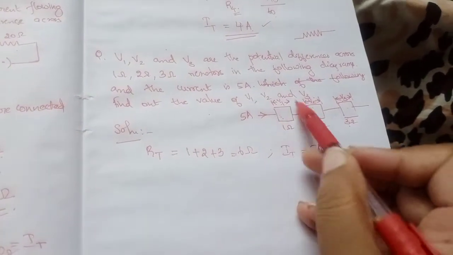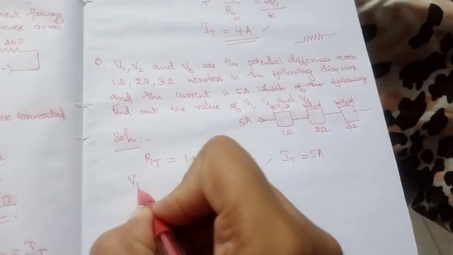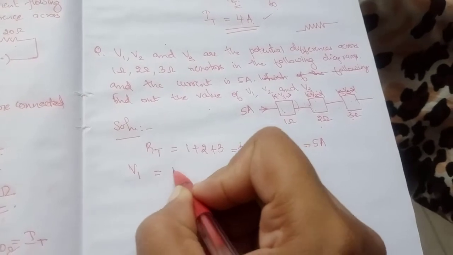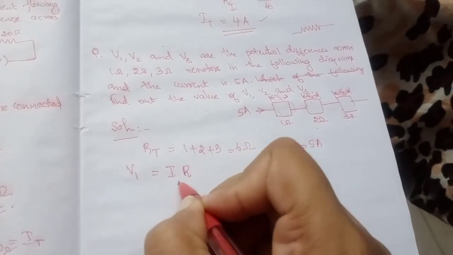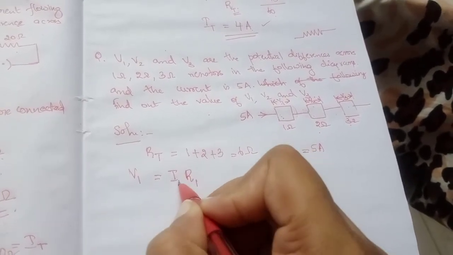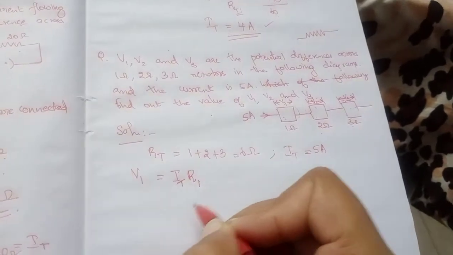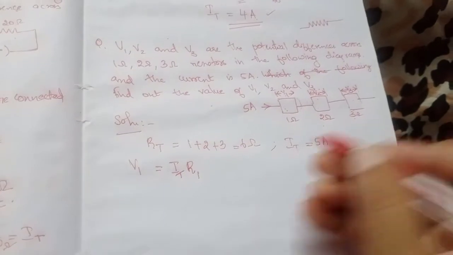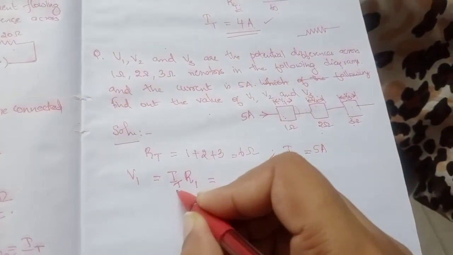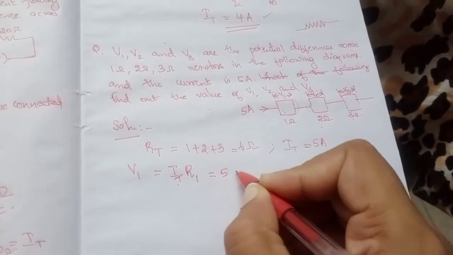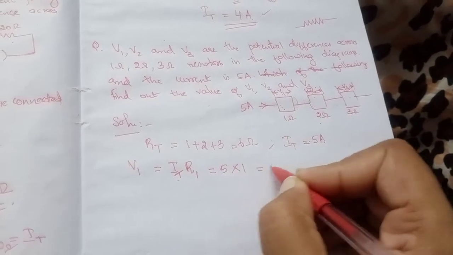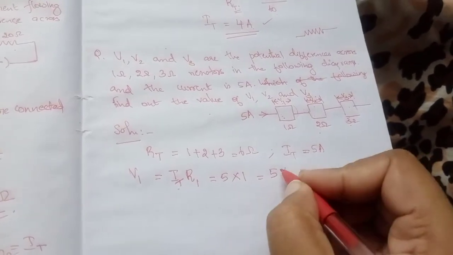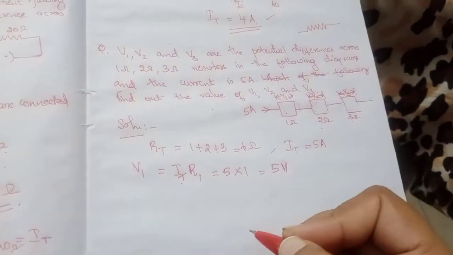So first we need to find out V1. So can we write V1 is equal to, V is equal to I into R, right? So can we write I1 into R1, or can we write IT into R1, because I1 is equal to I2 is equal to I, because current is same, right? So V1 is IT into R1, what is the value of I? 5, and what is the value for R1? 1. So the voltage across the 1 ohm resistor is 5 volt.